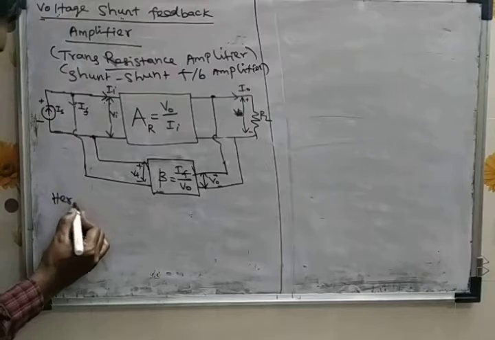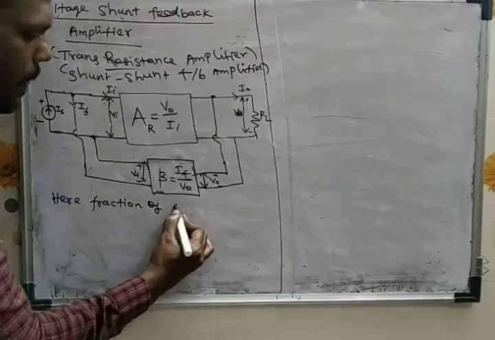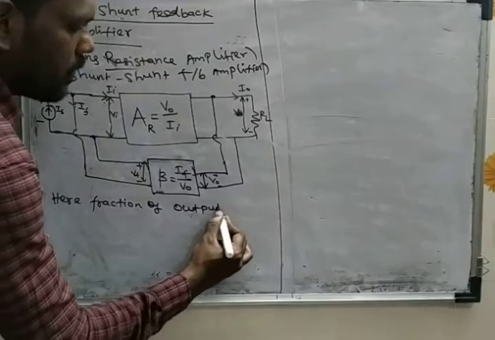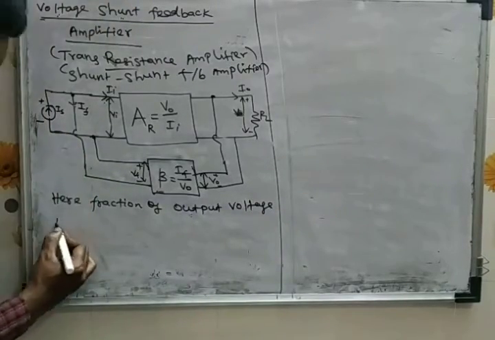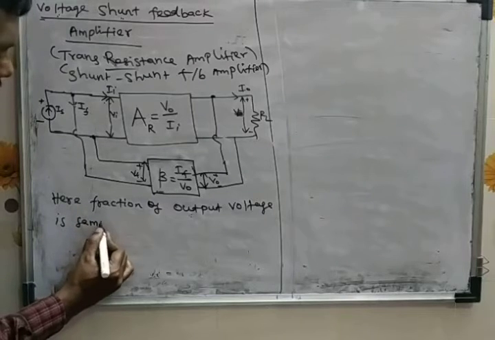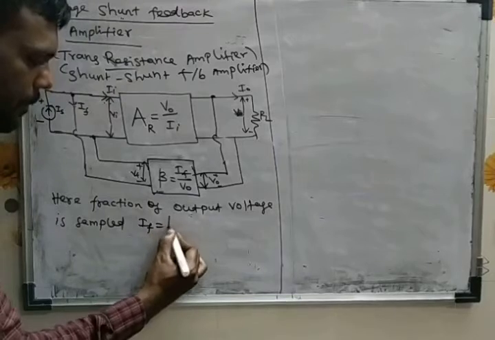Here a fraction of the output voltage is sampled, that is IF is equal to beta V naught.